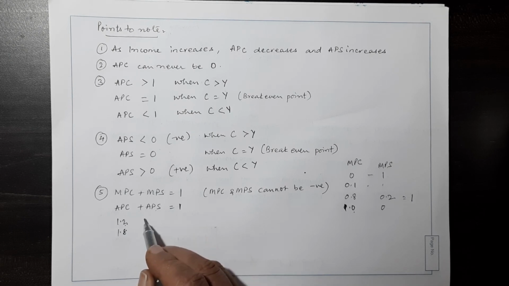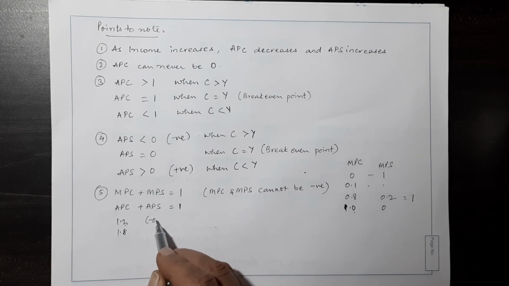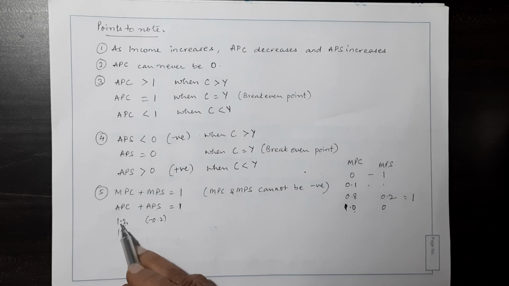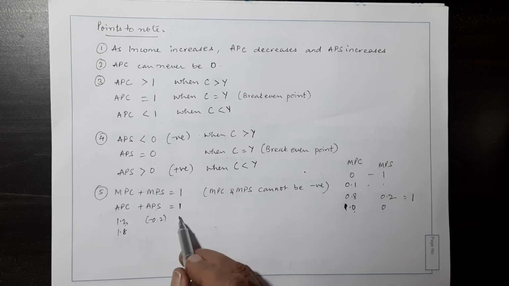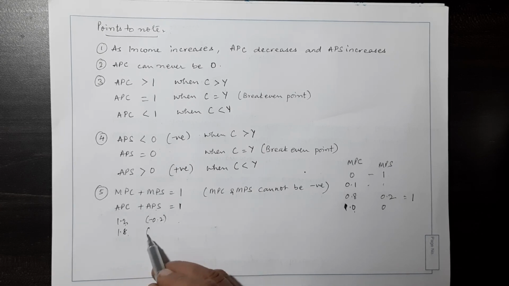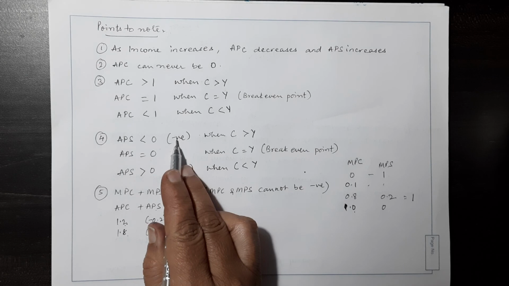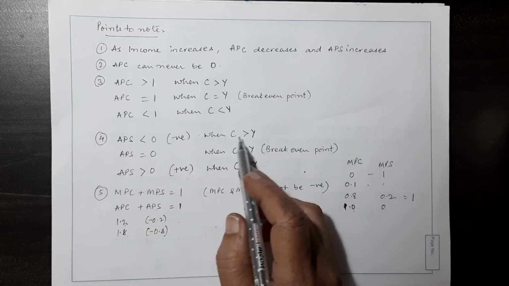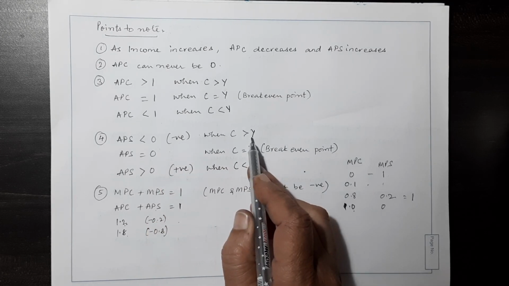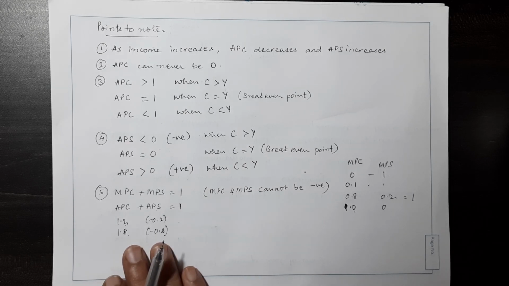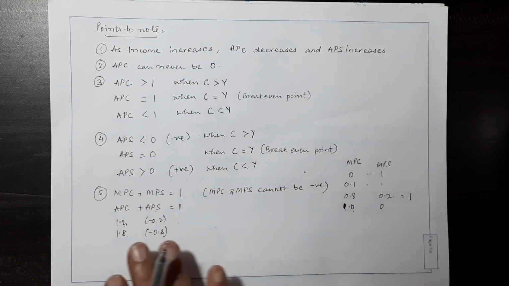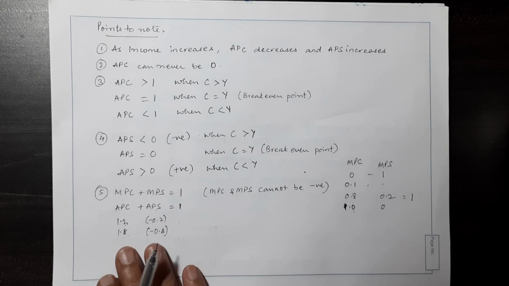So, APS will become minus 0.2. So, 1.2 minus 0.2 will be equal to 1. Similarly, here it will be minus 0.8, because APS can take a negative value. It takes negative values because consumption is greater than income. So, the difference between MPC, MPS and APC, APS lies over here.